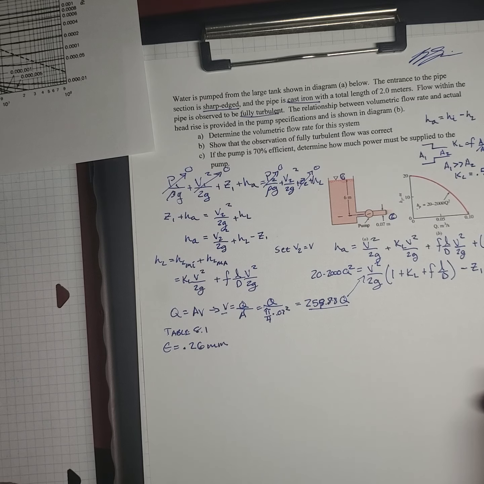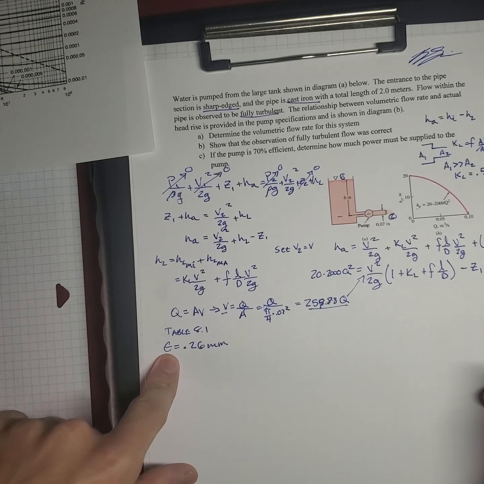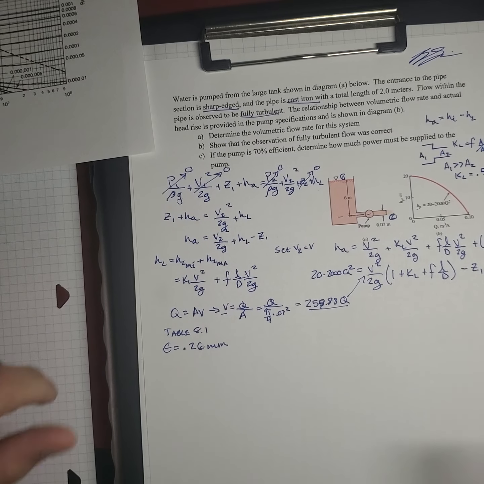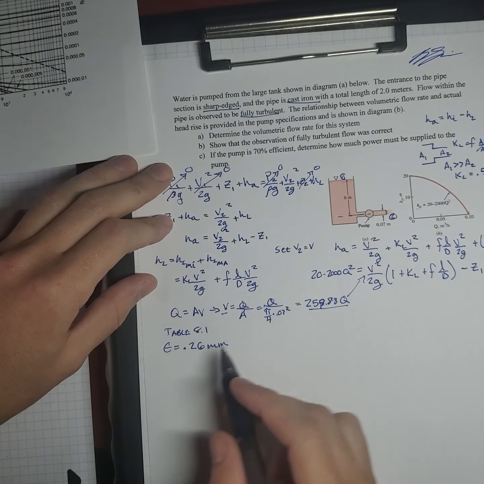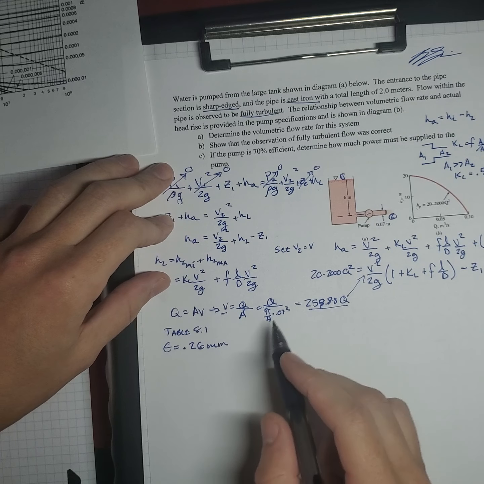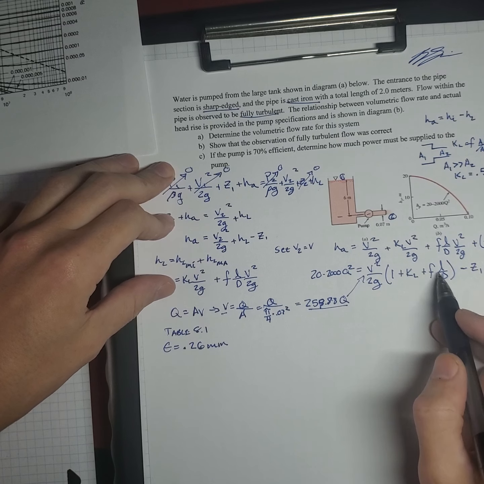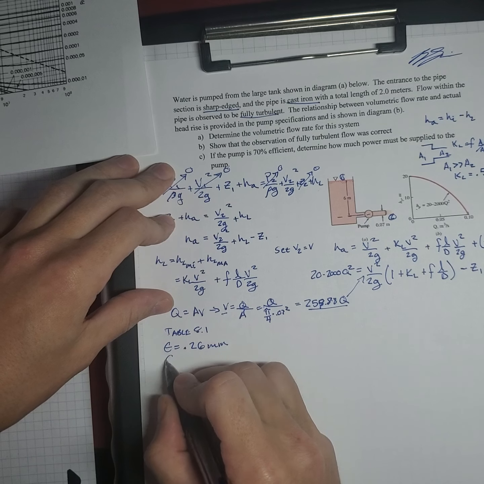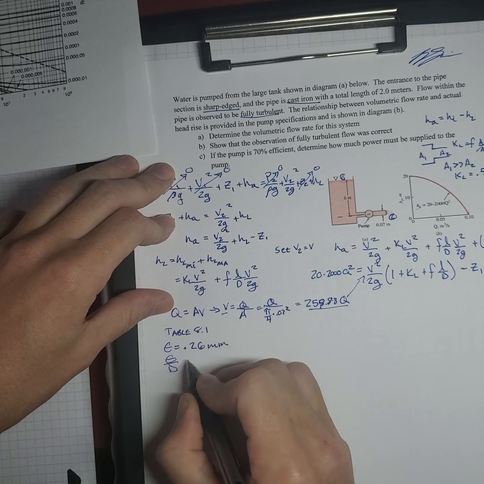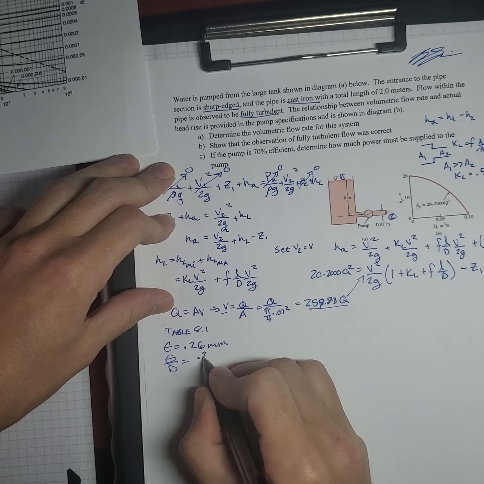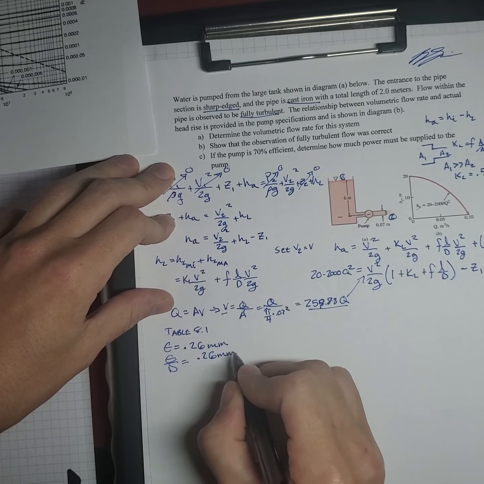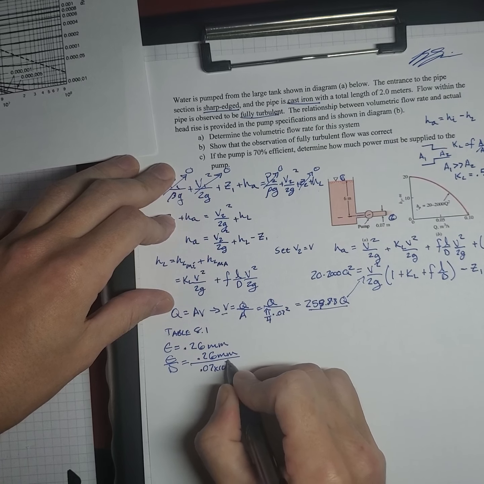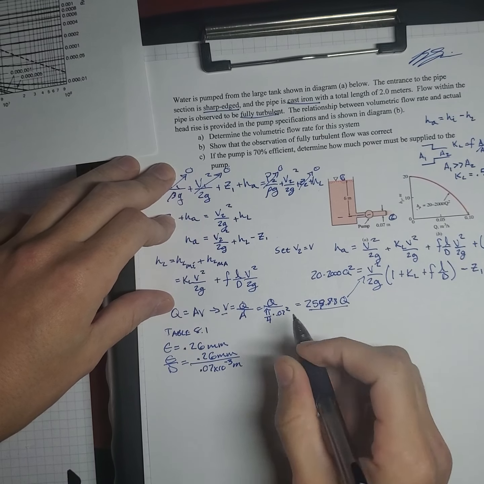Smoother materials will have a lower epsilon, more coarse will have a higher epsilon. And this will be the main and sole contributor to determining our friction factor. So the roughness ratio, epsilon over the diameter, is equal to 0.26 millimeters divided by 0.07 times 10 to the negative 3 meters.